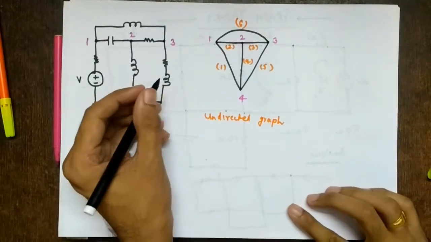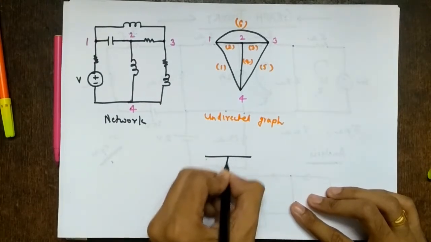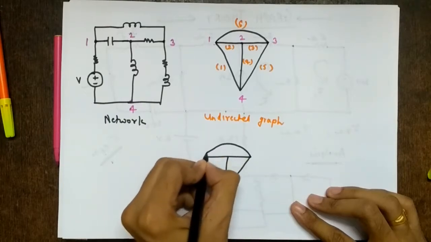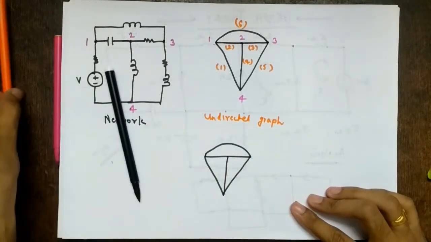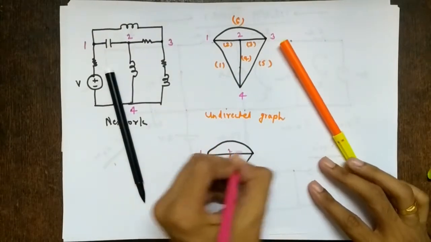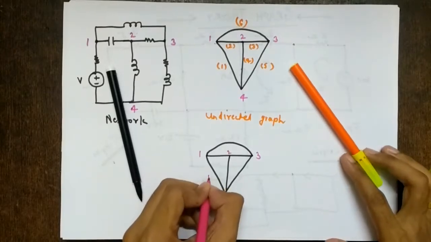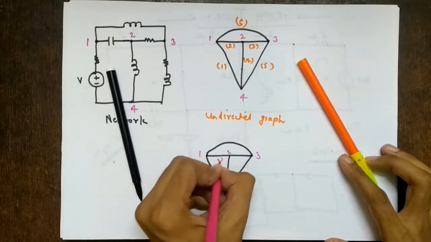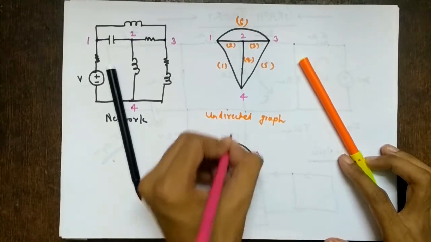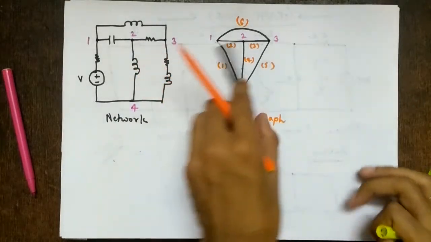Now let's say I want to draw a directed graph. Let me redraw the graph first, and draw it very small. Again, this is node number 1, 2, 3, 4, and this is branch 1, 2, 3, 4, 5, 6. Let's say I arbitrarily give the directions now.